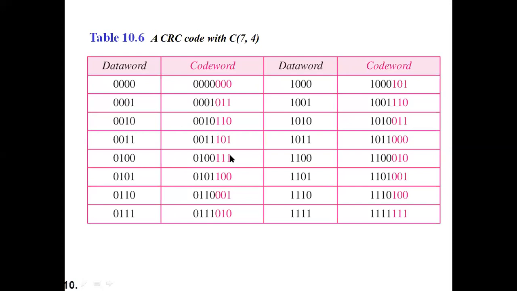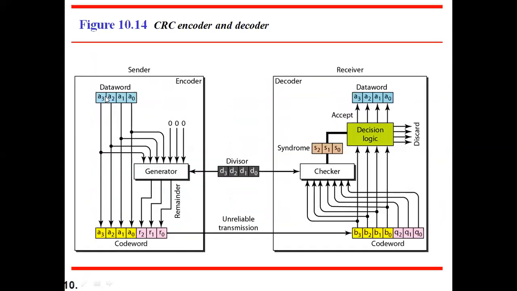So I'll shift directly to the diagram. This is a data word, assume it is 4 bits: A0, A1, A2, and A3. Then the generator: if the data word is of size n, then n minus 1 zeros are appended to the data word.